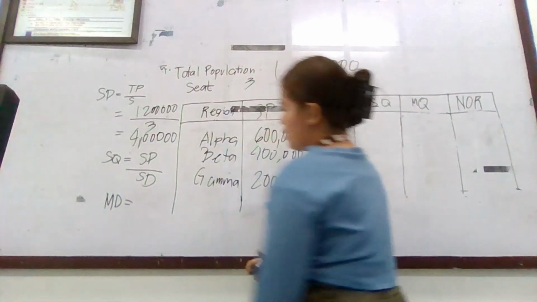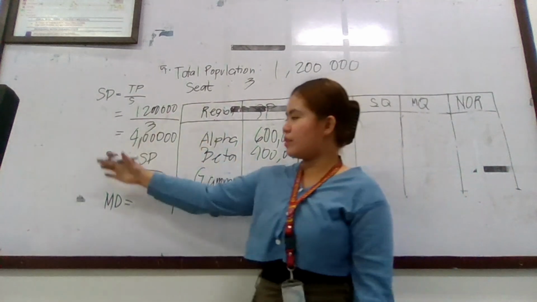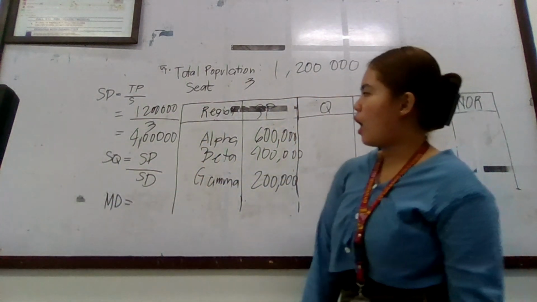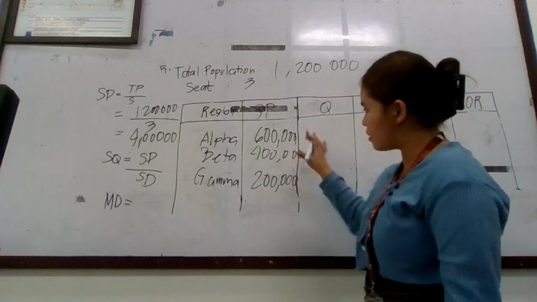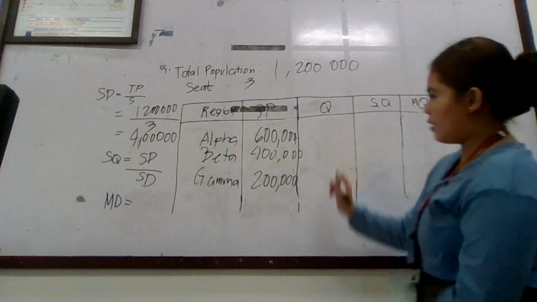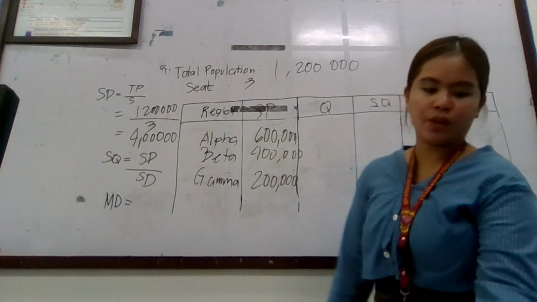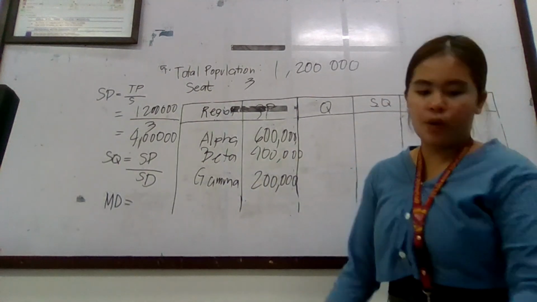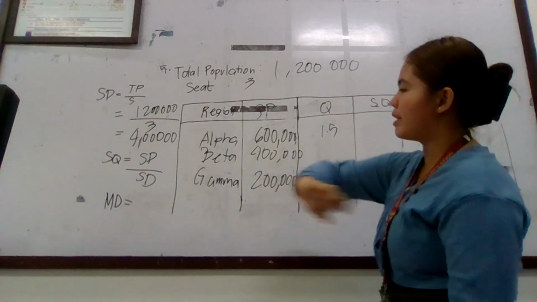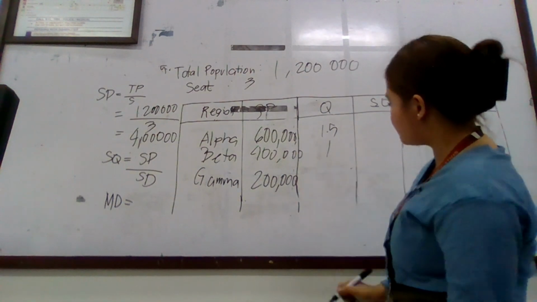So this is our standard quotient formula. So let us divide our standard divisor to each respective state population. So 600,000 divided by 400,000 will give us 1.5. 400,000 divided by 400,000 will give us 1.